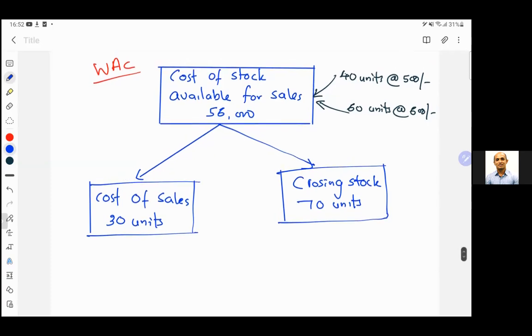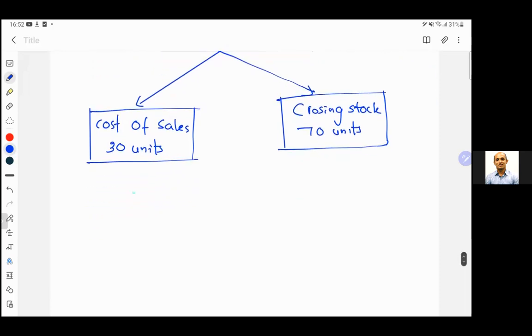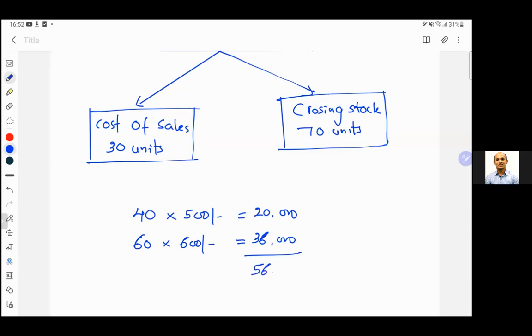In the weighted average cost method, you have to get the weighted average price. How do you get it? You have 40 units at 500, 60 units at 600. The total cost is 56,000 from 100 units.